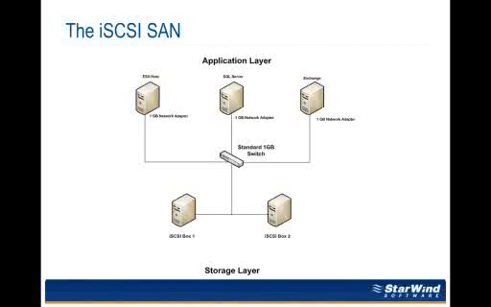So we're talking about equipment that you've been using, equipment that you've got in your shop already, that you can create a shared storage environment with, and ultimately set something up that's going to unlock some of those features and allow you to go from a direct attached environment to a more centrally managed storage environment.